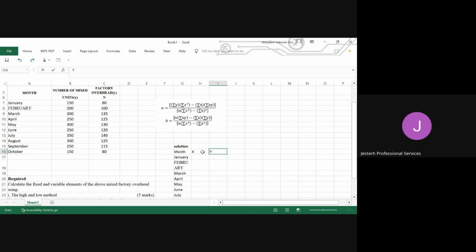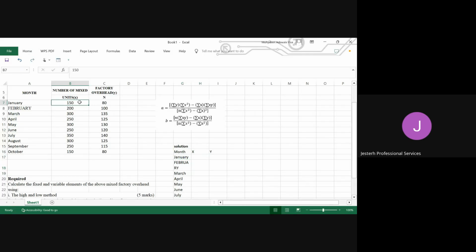I made mention that they are going to give us the X and Y because those are the available data that we are going to utilize to separate these two costs. Our X stands for the units, the level of activities, while our Y stands for the associated costs of this.